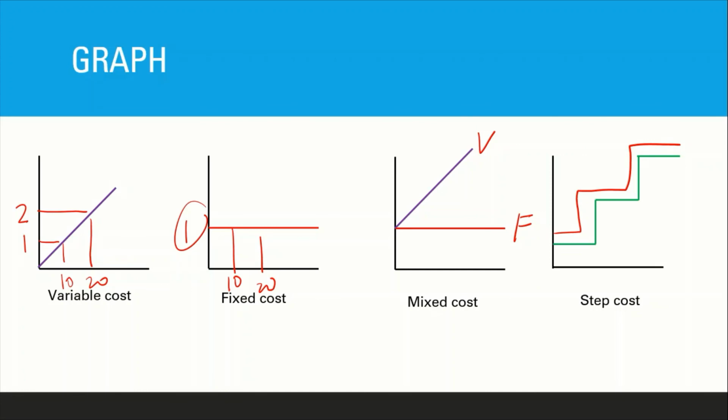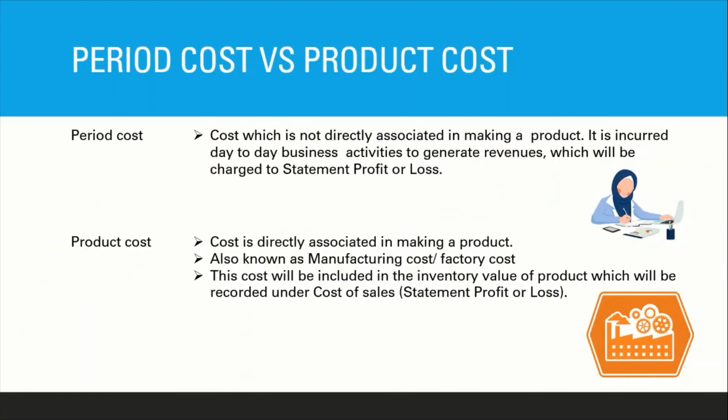Okay, so the next slide is period cost and product cost. Period cost is cost which is not directly associated with making a product. It occurs in day-to-day business activity to generate revenues and is charged to the profit or loss.